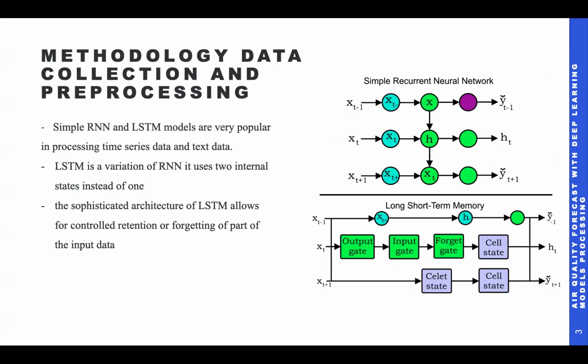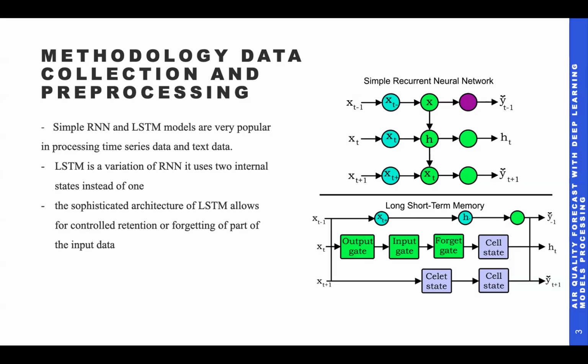As for the methodology and data collection, I'll start with the models. So we had two models, the simple RNN and the LSTM. These models are classics for processing time series and text. The simple RNN processes data step by step using the current input and a hidden state from the previous step, while LSTM is an upgraded RNN, so it's still a recurrent neural network, but it keeps two internal states, a short-term and a long-term one.